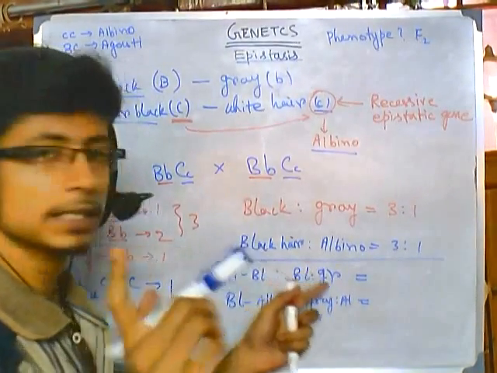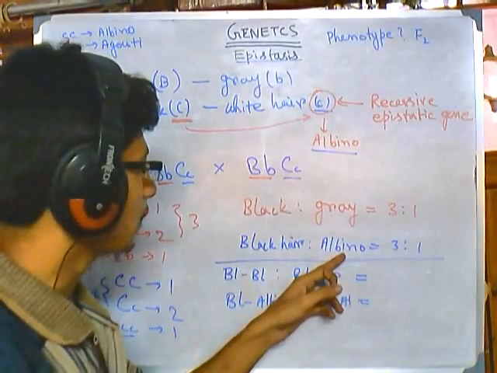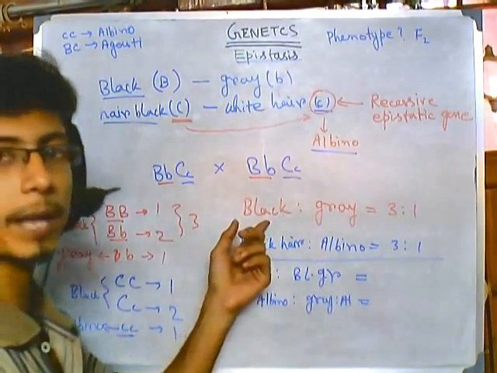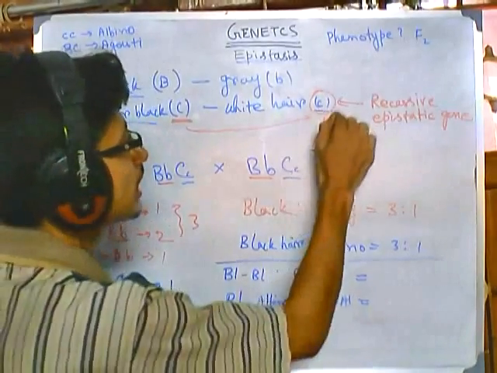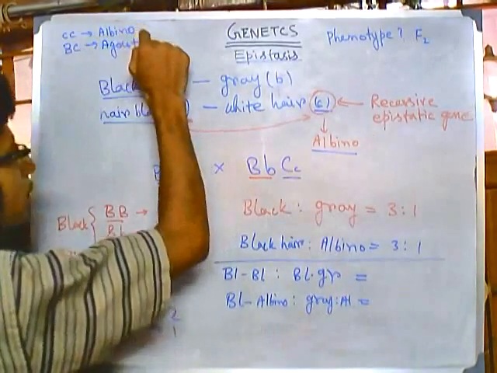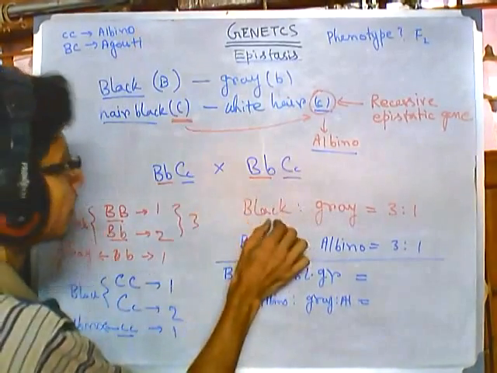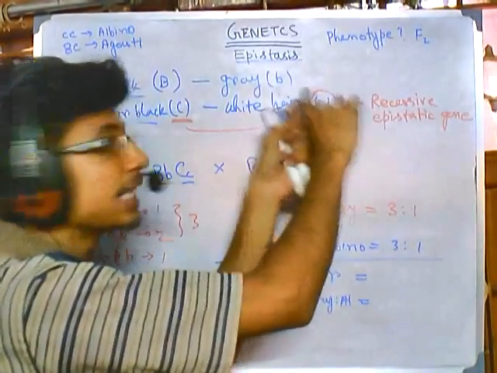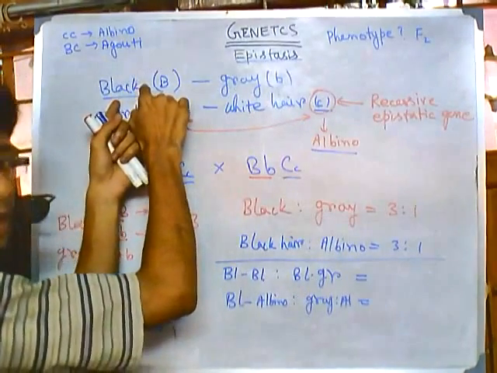Now here one thing is very important. Black albino means we have both small c's, and here the coat color is black. But remember, this small c is an epistatic gene, and whenever we get two small c's, we'll have the albino phenotype. So no matter what the coat color is, because the small c is an epistatic gene, it is regulating the expression of this black colored gene.